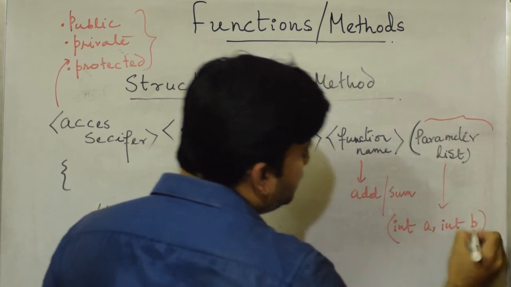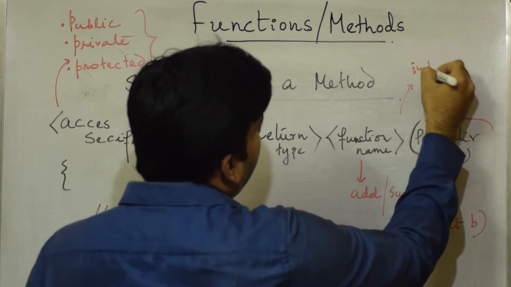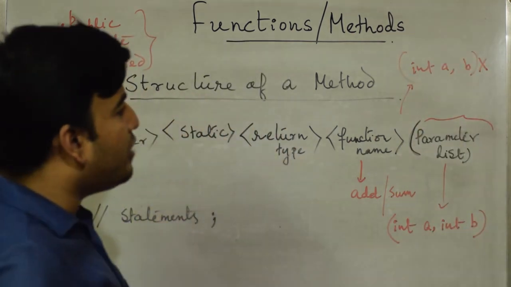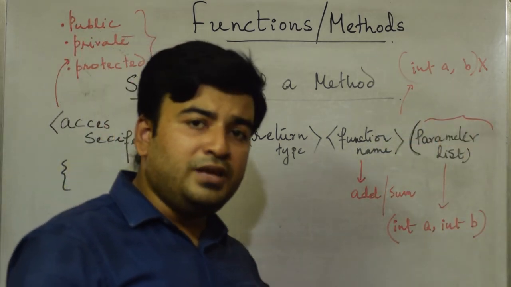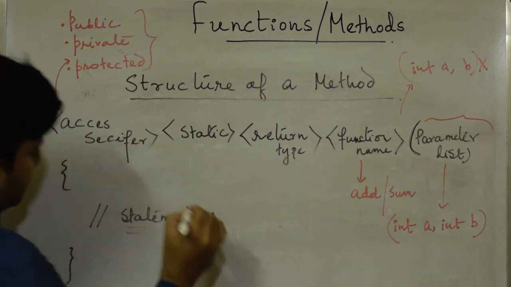This is the right procedure. Some students in the exam will write int a comma b. That is wrong. You cannot write like that. You have to write int a comma int b. Remember that. And here we write the statements.